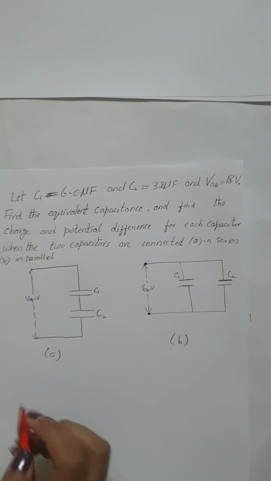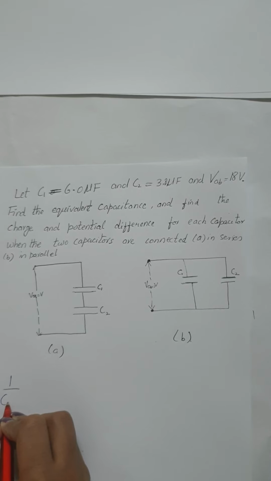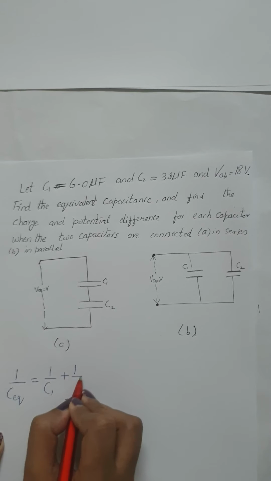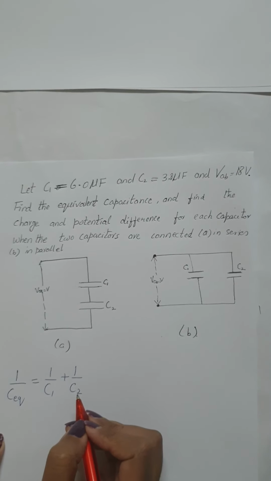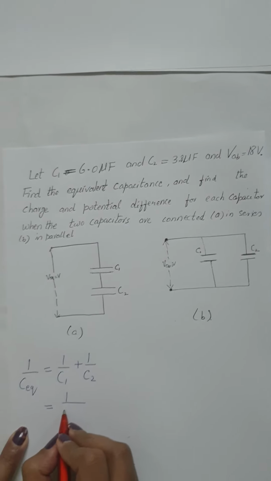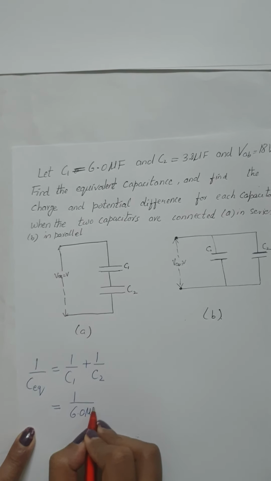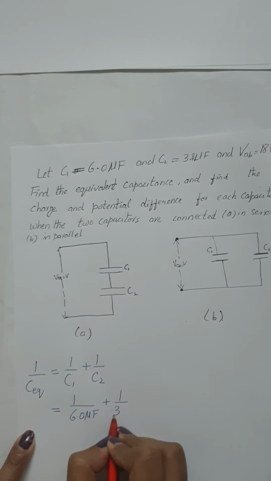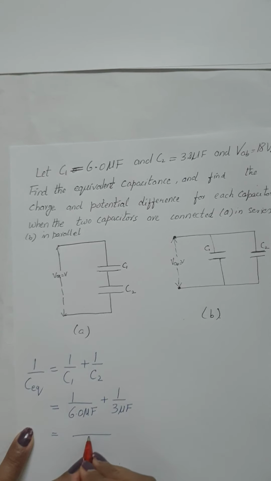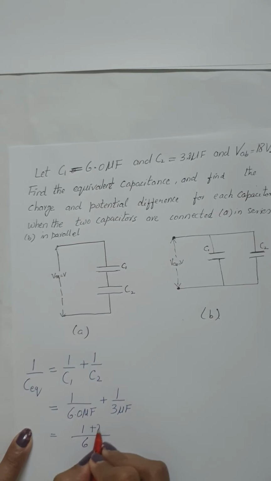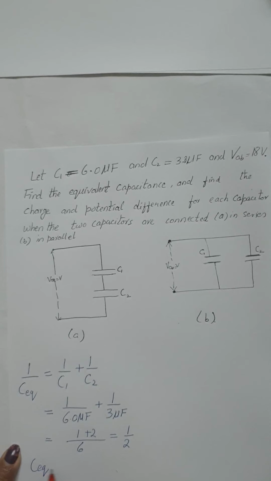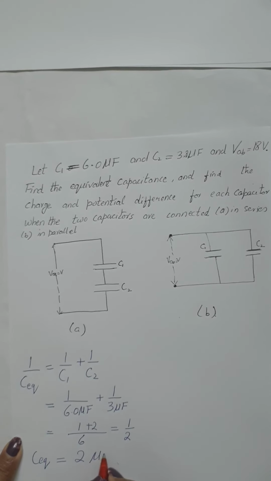The equivalent capacitance for the series combination is: 1 over C equivalent is equal to 1 over C1 plus 1 over C2, and it becomes 1 over 6 microfarad plus 1 over 3 microfarad, and for simplicity 1 plus 2, 1 by 2, and your C equivalent becomes 2 microfarad.